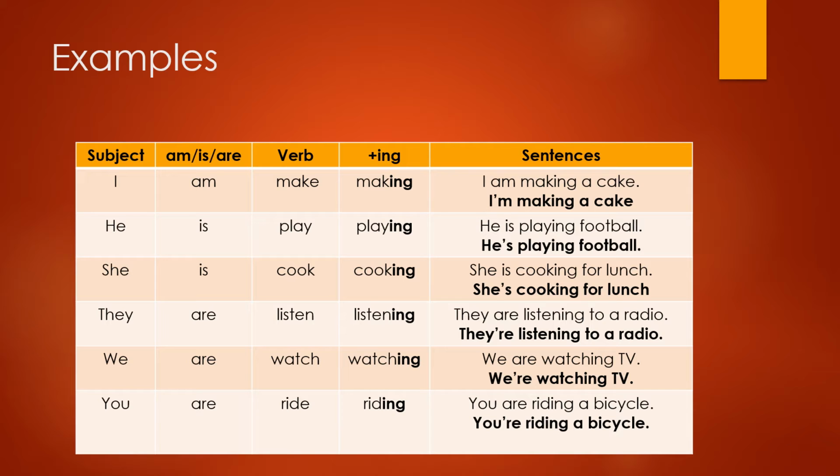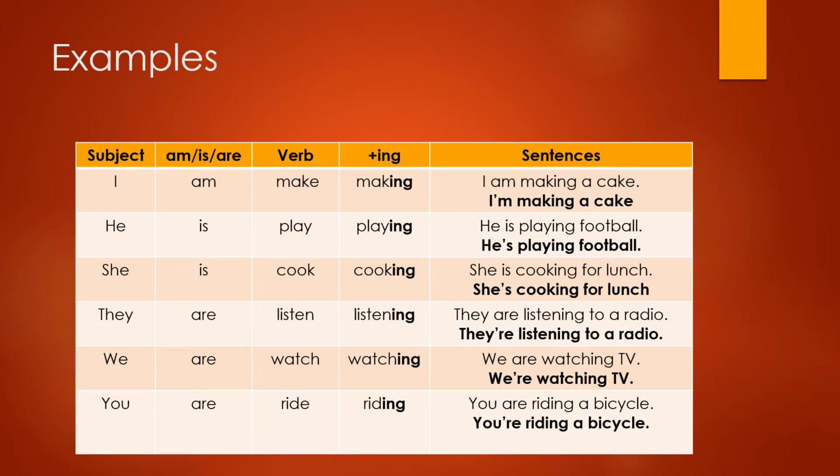So the verb is cook. What happens to the verb when it becomes present continuous? We have to add ing. Cook plus ing. She is cooking for lunch. You can write she is cooking for lunch, or the short form.